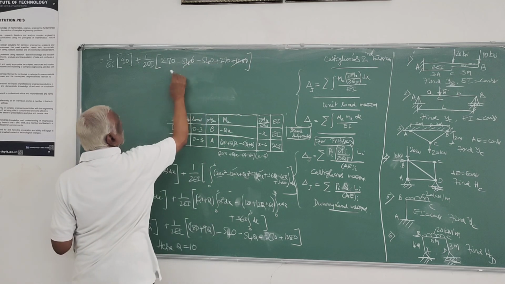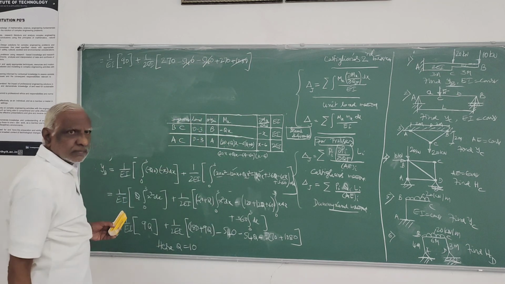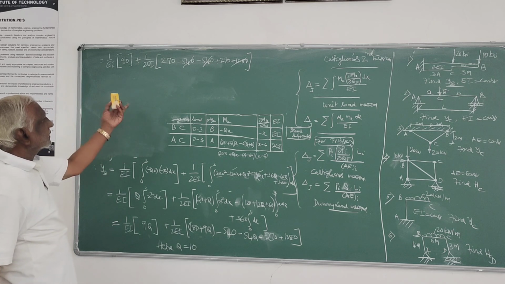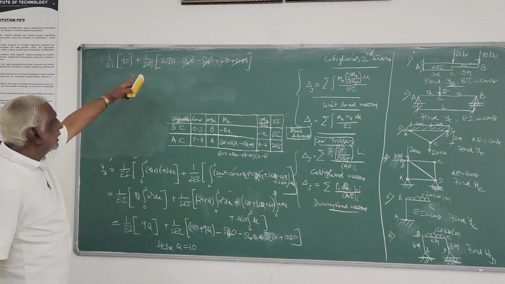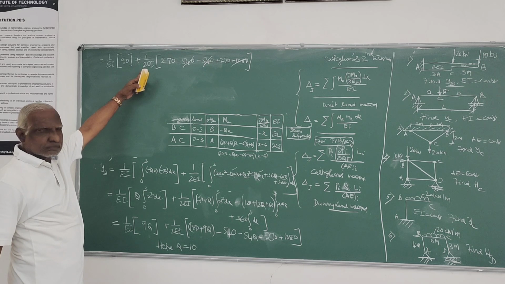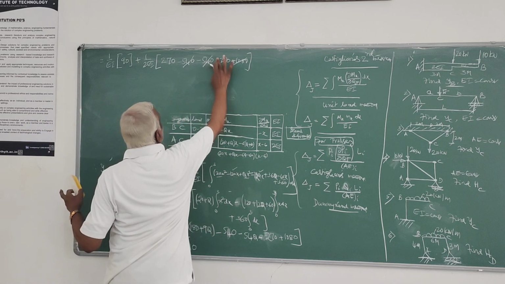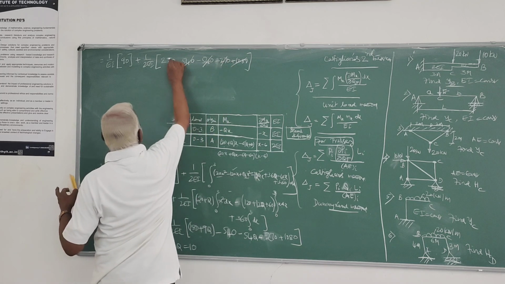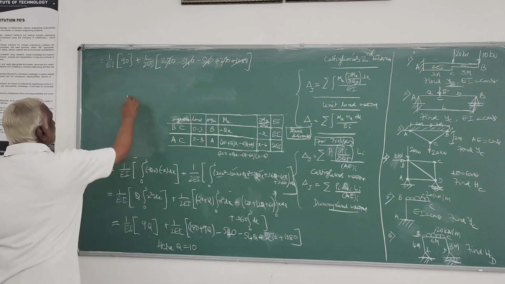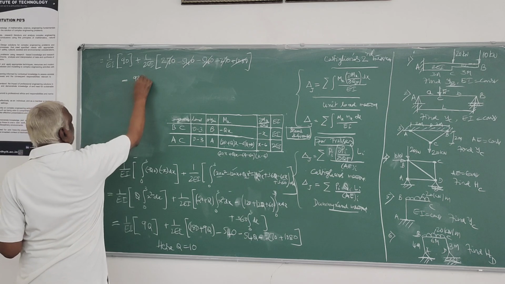So it is 0. 270 plus 270, 540 divided by 2, so it is minus 270. This also 0. So you will get just 90 by EI.